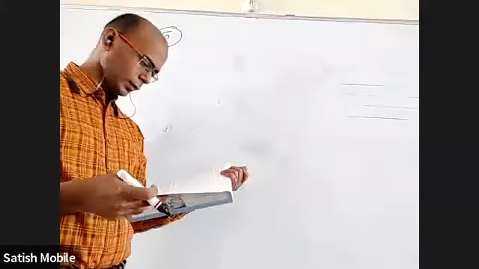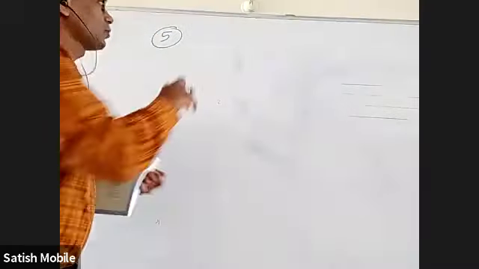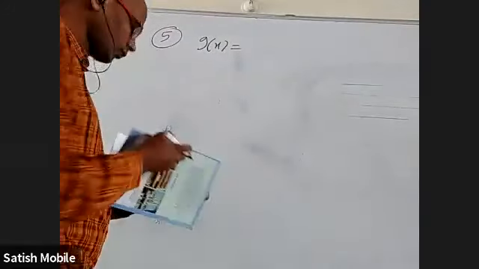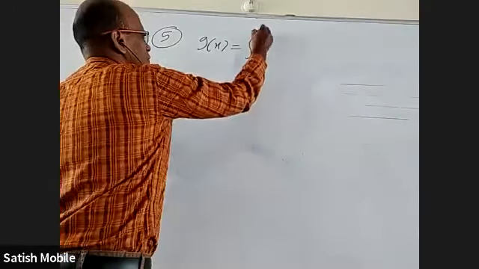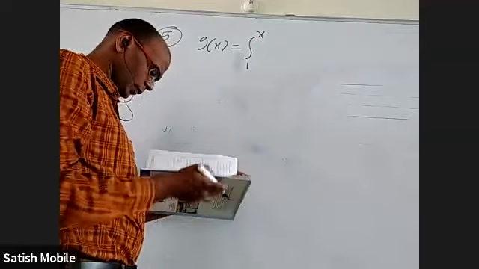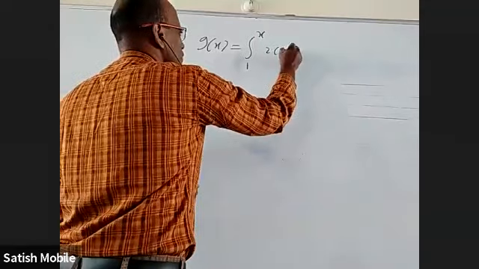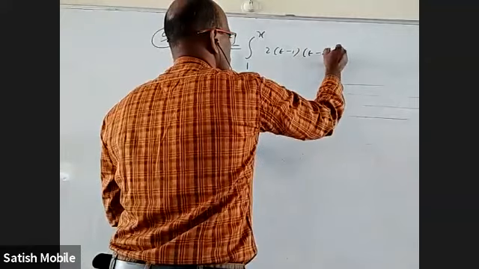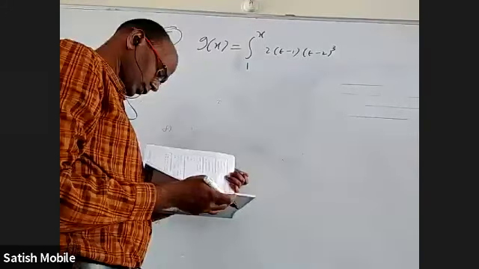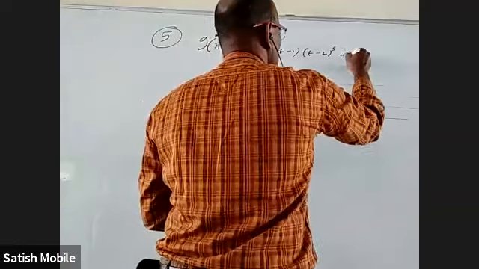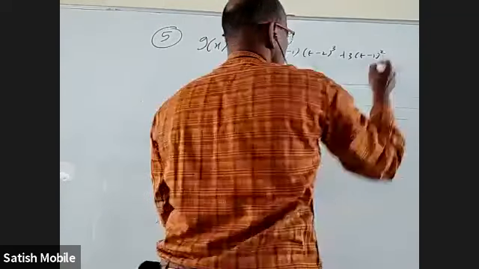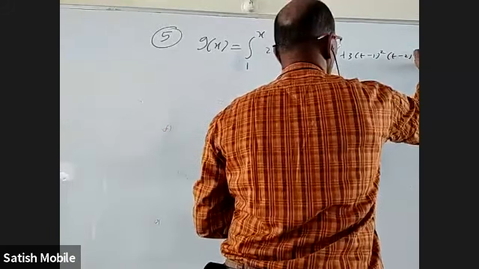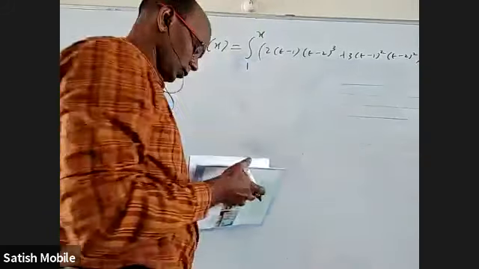They gave g of x is equal to the integral from 1 to x of 2(t minus 1)(t minus 2)^3 plus 3(t minus 1)^2(t minus 2)^2 dt.